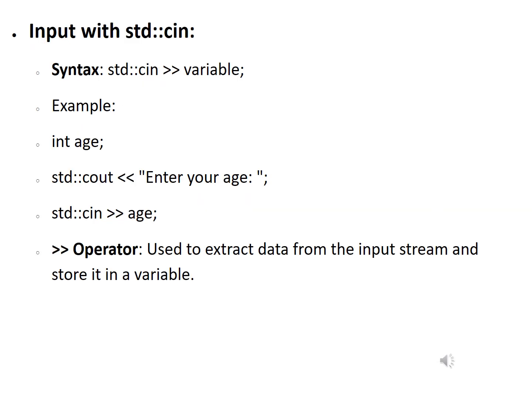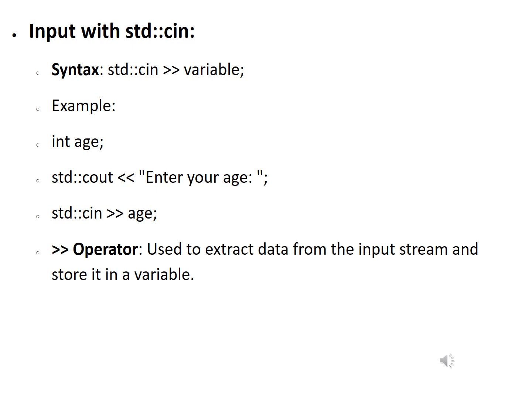For inputting with standard cin, we can use it like this. The general syntax of inputting is std::cin >> variable. For example, int age; std::cout << "Enter your age"; std::cin >> age.